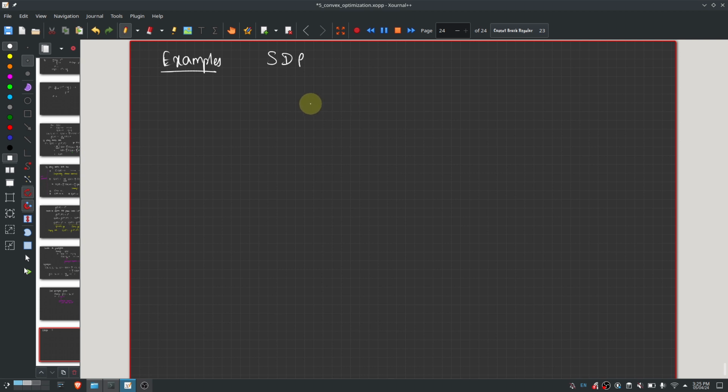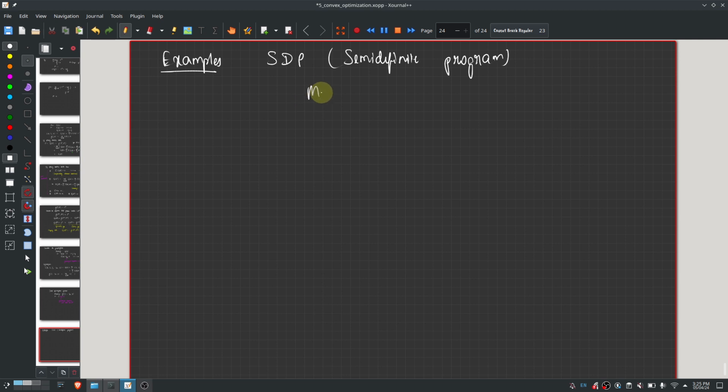Semi-definite program. The general form of a semi-definite program, again there are many different versions, but the simplest version is the following.